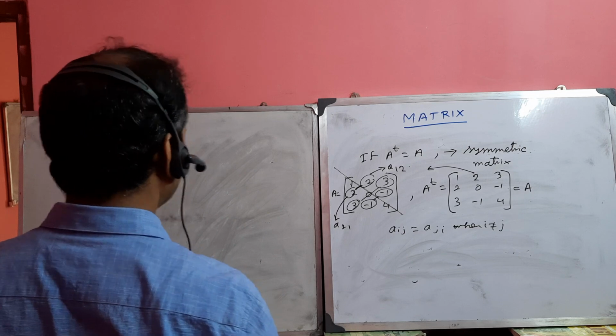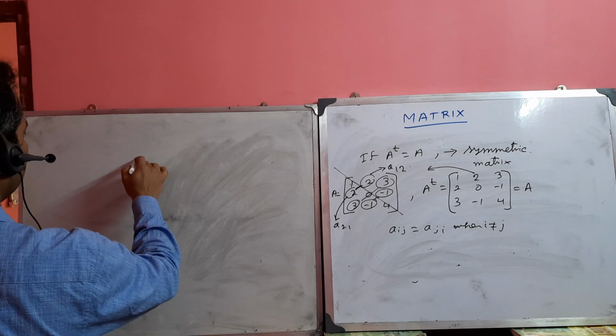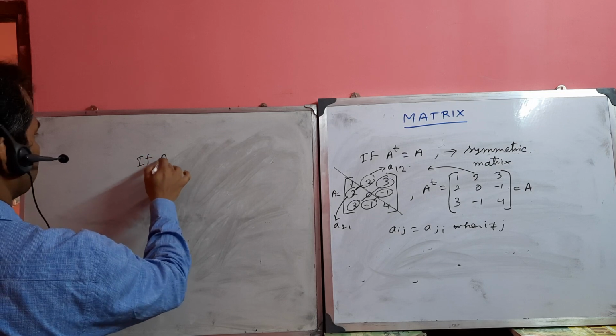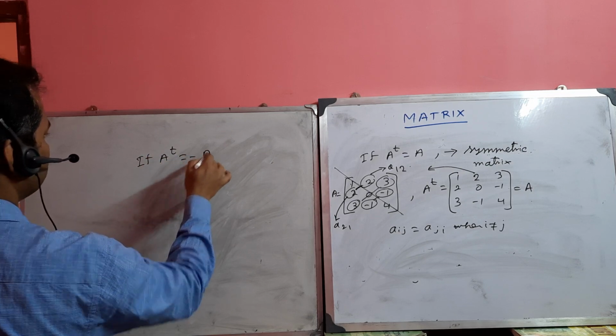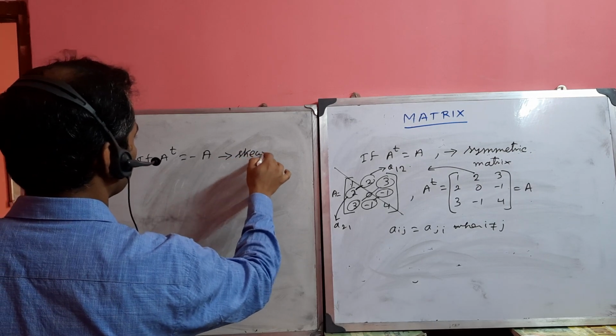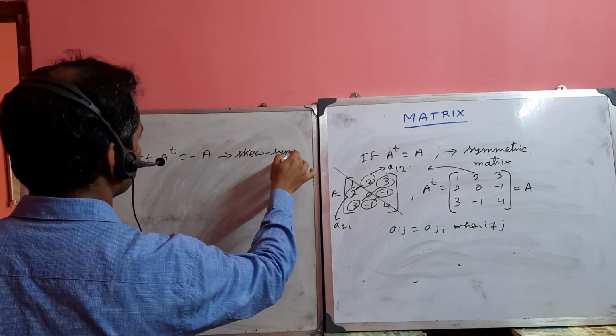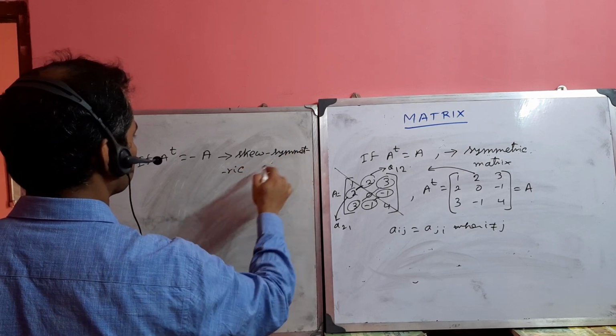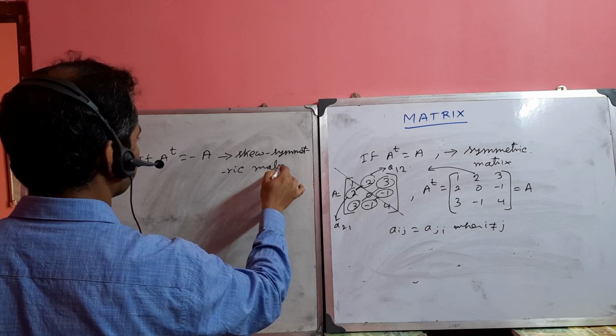And the next one, the skew symmetric matrix. If A transpose equals minus A, then A is called a skew symmetric matrix.